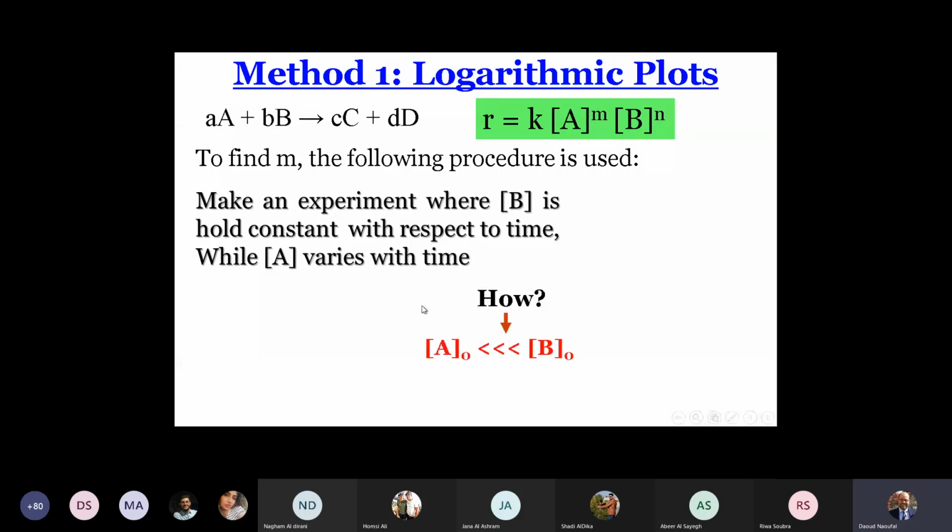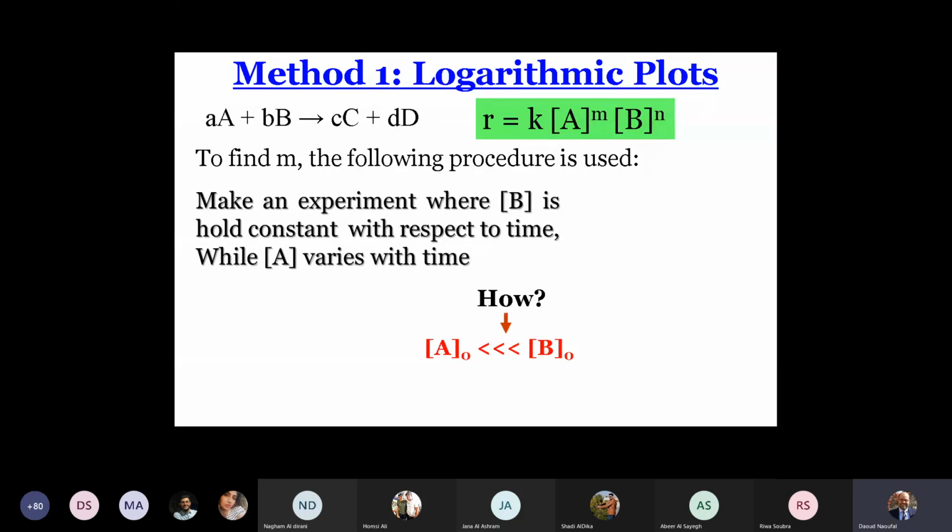So what to do? If I make the experiment with initial concentration of A negligible with respect to B, suppose B equals 100 and A equals 1.